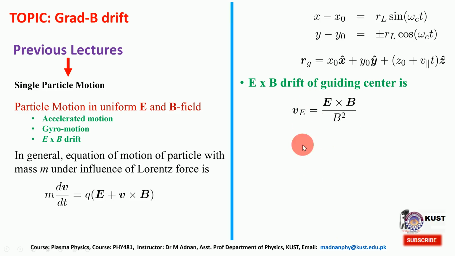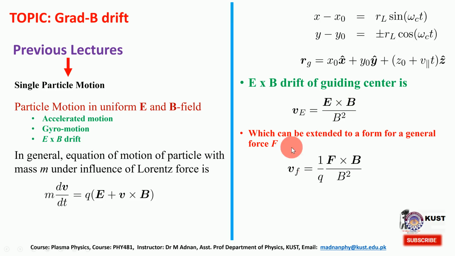And along with these E cross B drift, we have discussed the various situations, that is we can change the E field by any other force, general force applied with the magnetic field, such that there is a component perpendicular to B, so that we have written the guiding center drift for a general force.